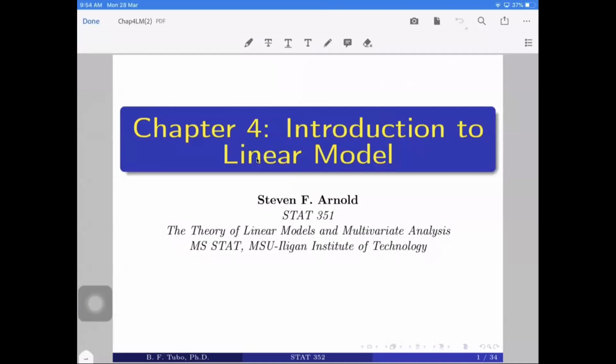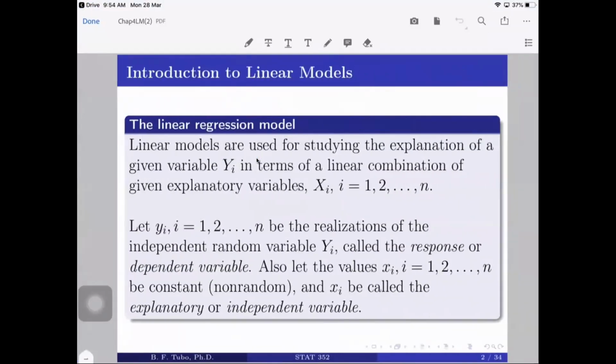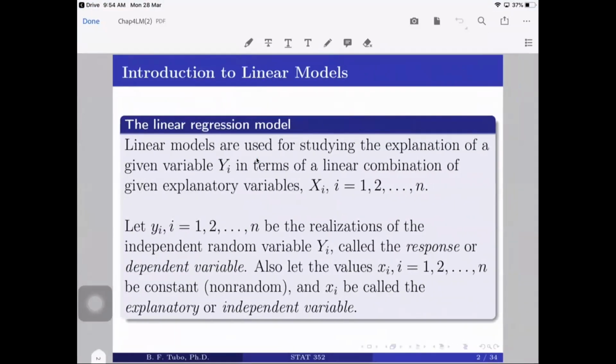Now we'll talk about the introduction to linear models. This is actually the regression model, which will be the focus of this course, mostly linear models or the basic regression model that you have.